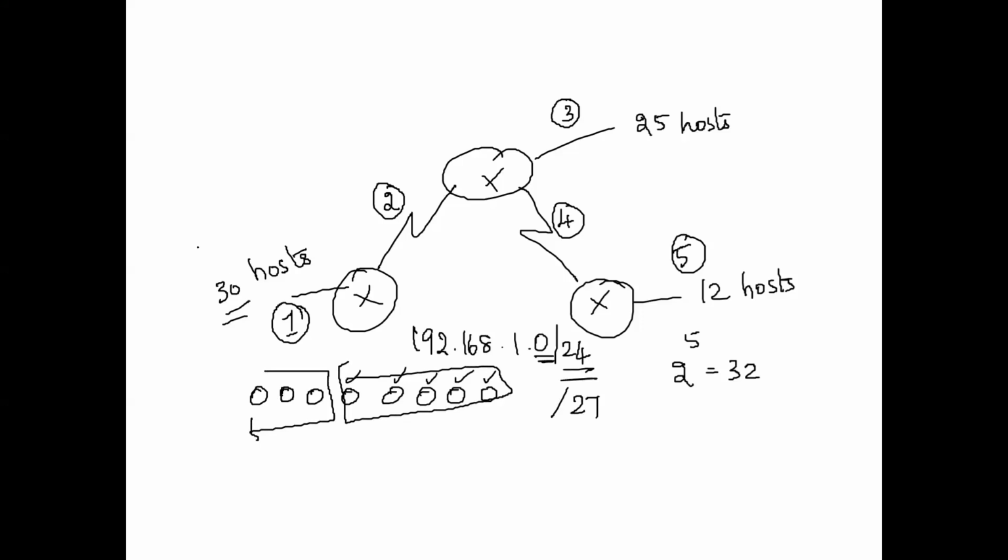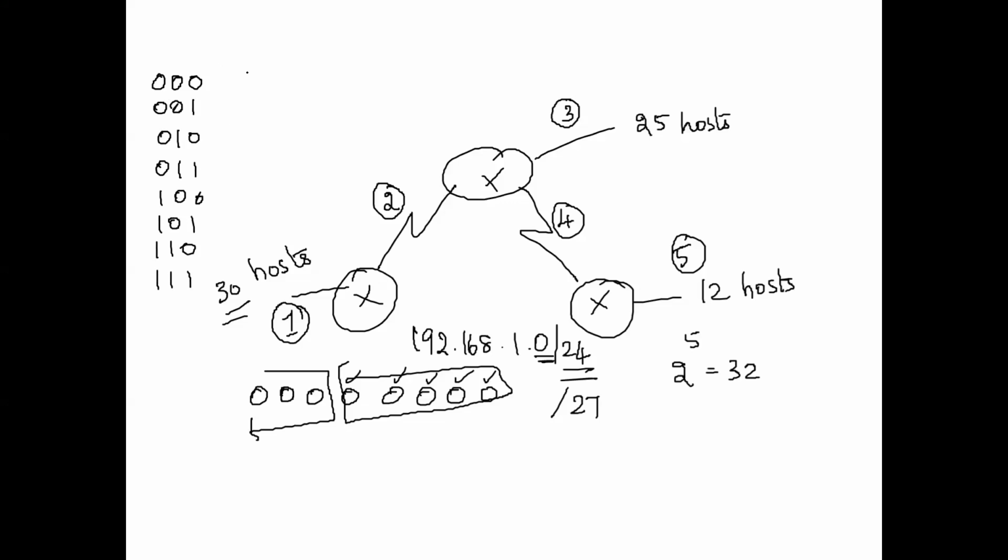If I write the range of IPs, it will be 000, 001, 010, 011, and 100, 101, 110, and 111. So this is the IP that I'll get.